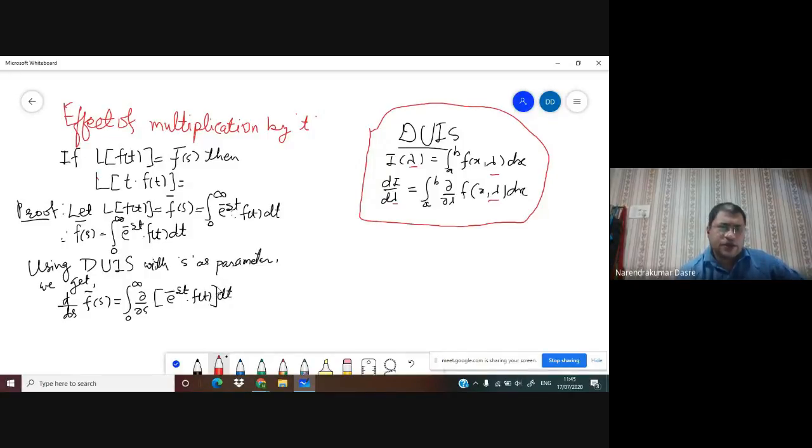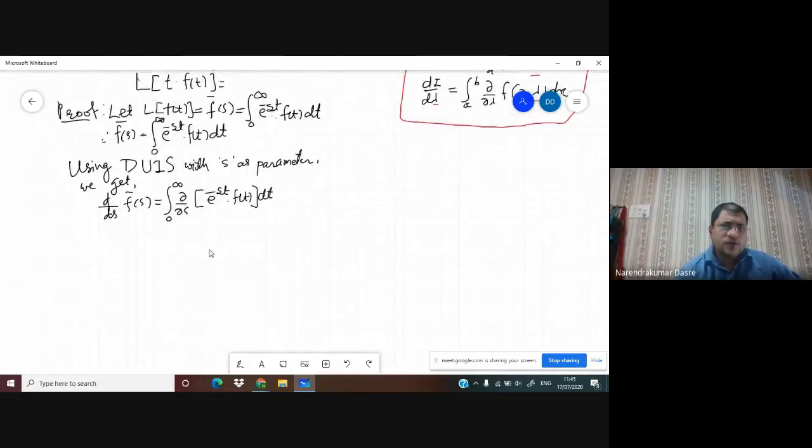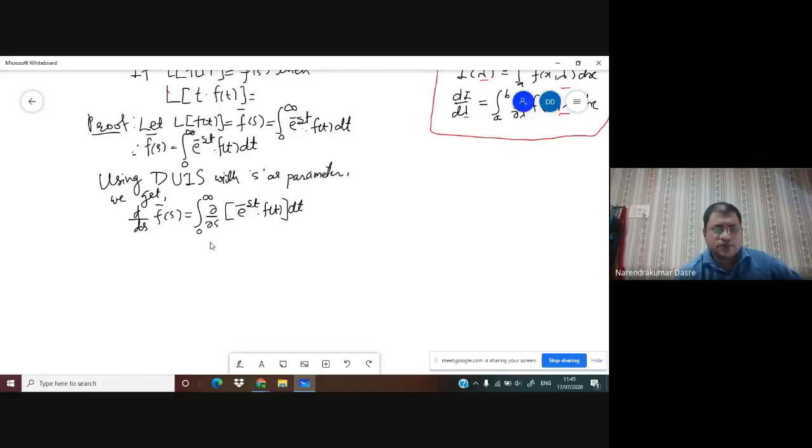Okay, and if I use now here what we have is F does not contain S, so only the term that contains S is e raised to minus st. So if I have e raised to minus st that contains S, then I can have this term.